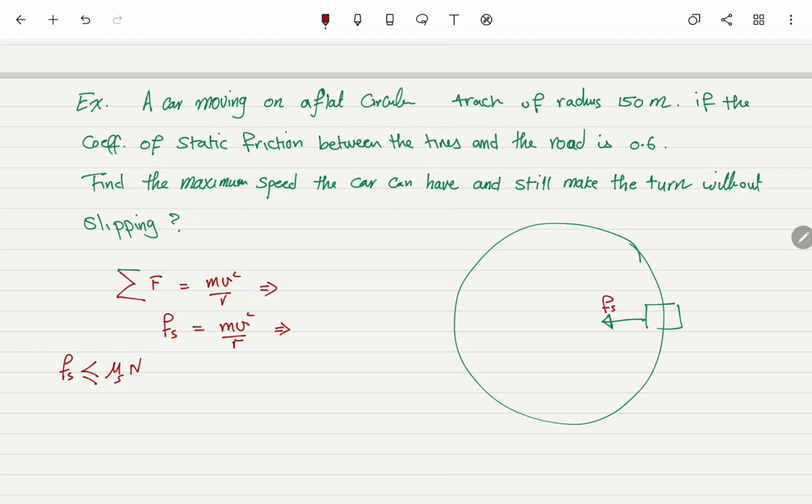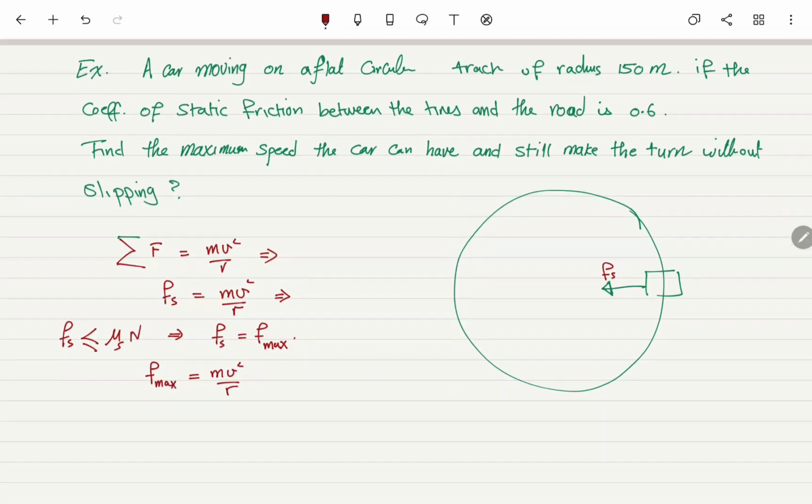Since we all know that static friction is less than or equal to mu s n, and we are looking for the maximum speed, in this case fs is actually equal to f maximum, so f maximum is equal to mv square over r.